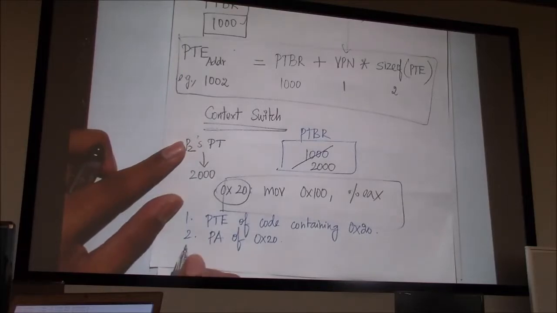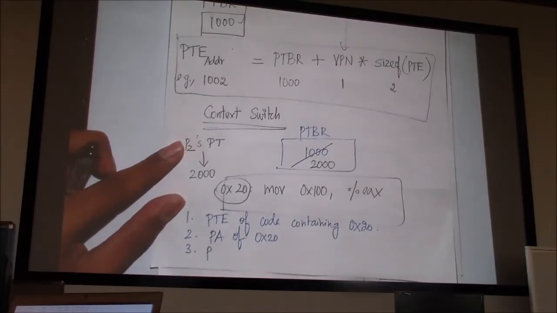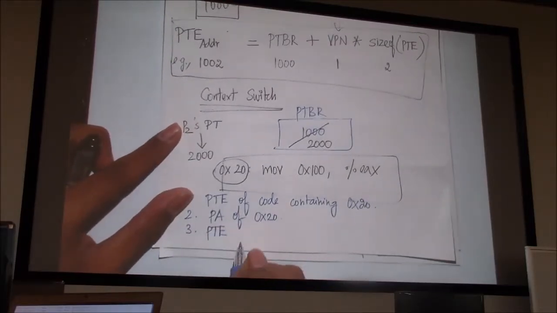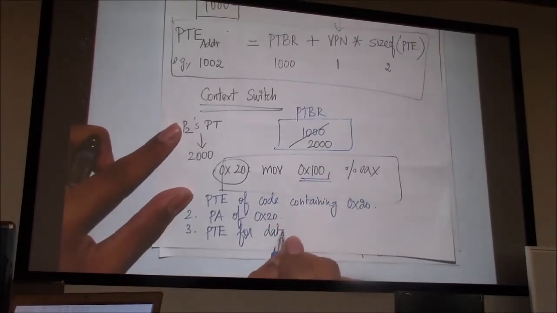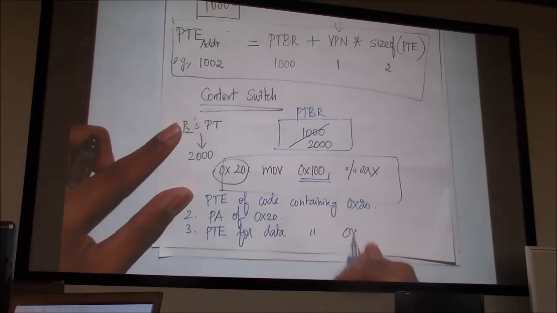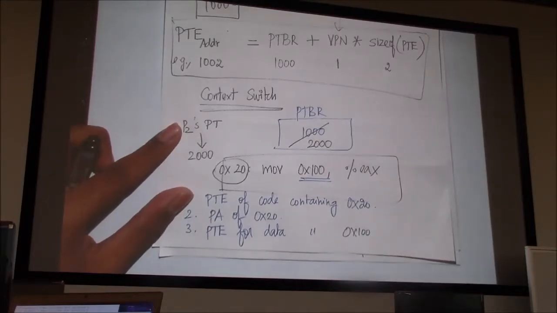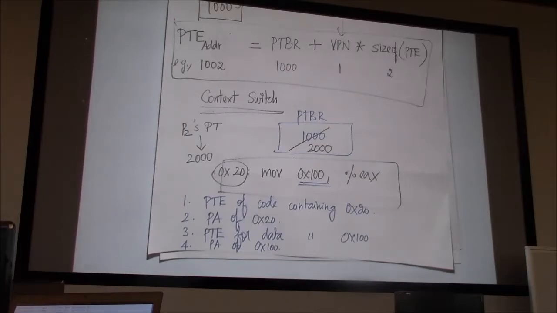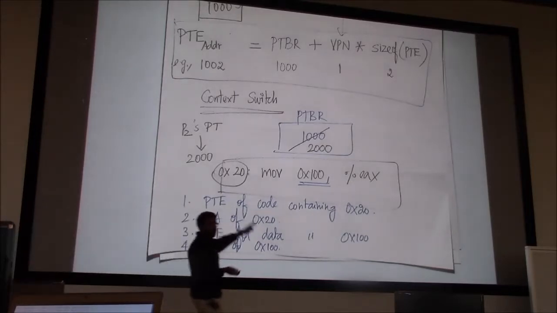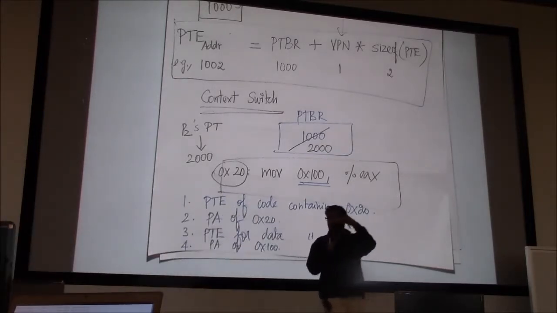Then the third memory access is going to be accessing the page table entry for, let's assume, the data section containing the address 0x100. And then the last thing is the actual physical address corresponding to the virtual address 100. These are the 4 memory accesses that we need for a single instruction like this when we are using a simple linear page table.